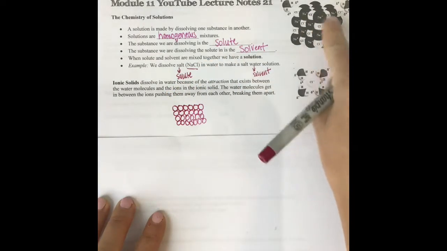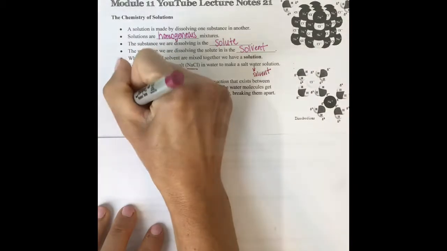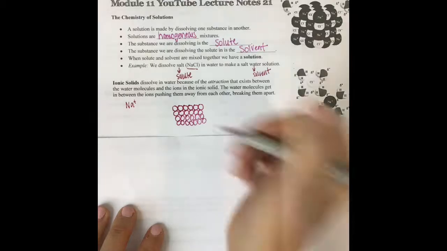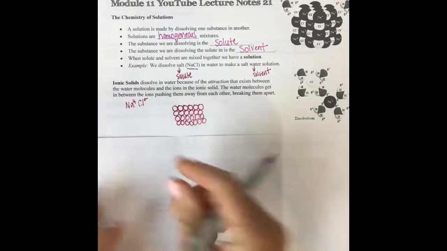They're held to each other because they're attracted to one another. The sodium is attracted to the chlorine by their charges.